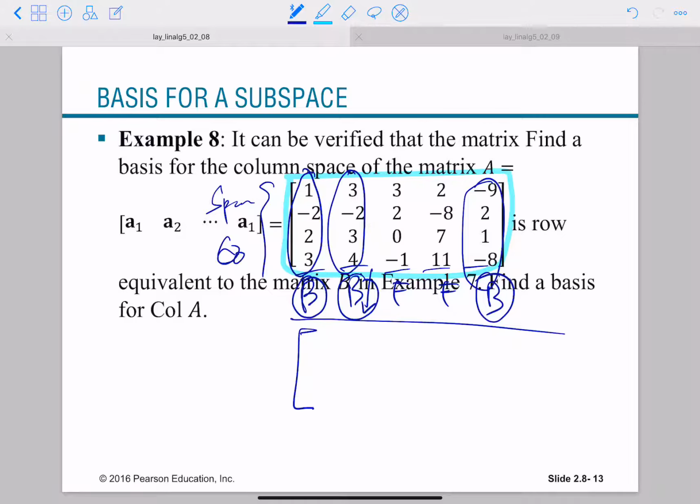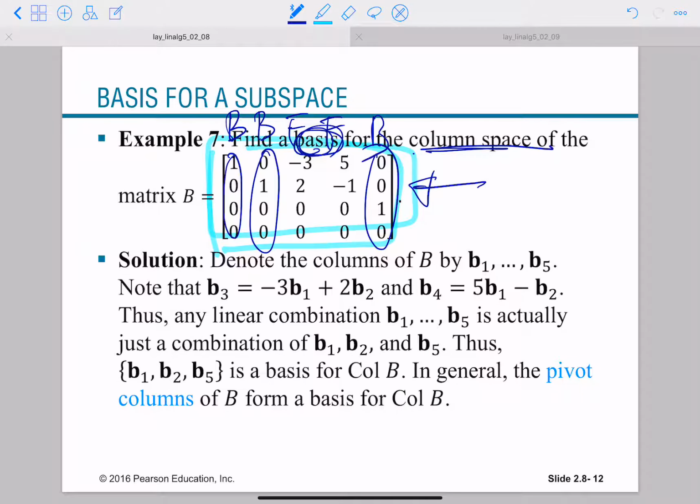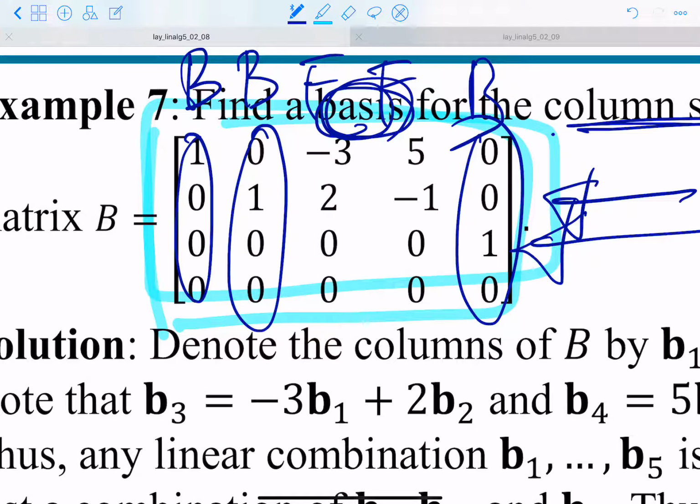From this pattern B, B, F, F, B, obtained from the reduced echelon form, we can easily see that the third one is represented as a linear combination of the previous two, right?